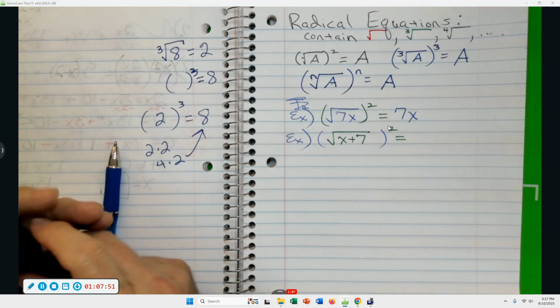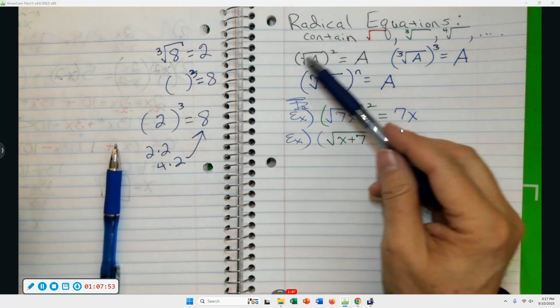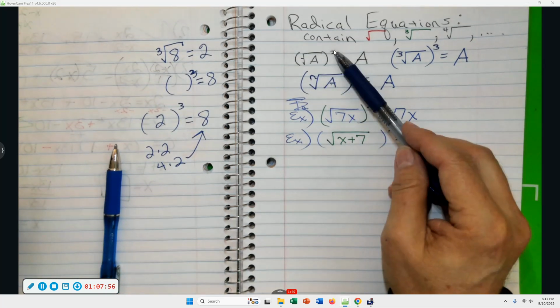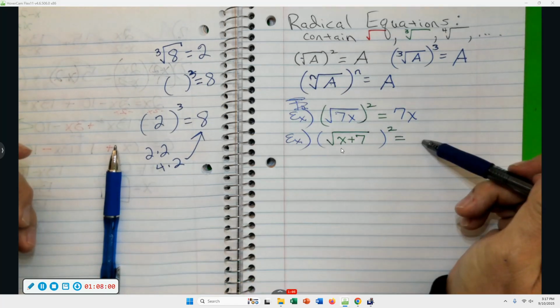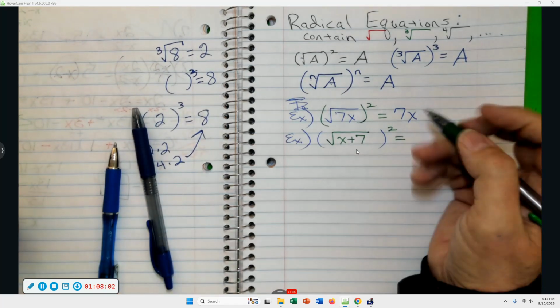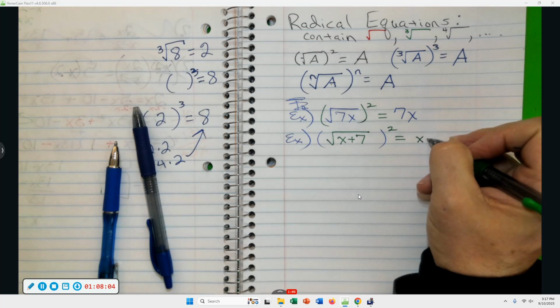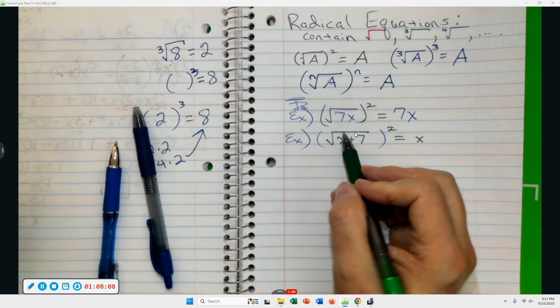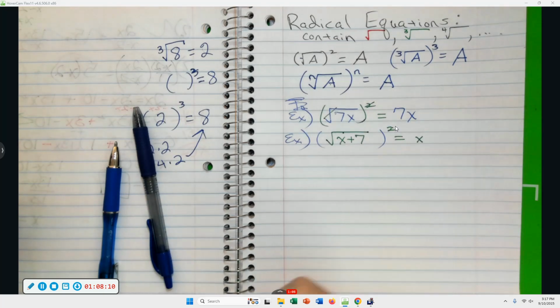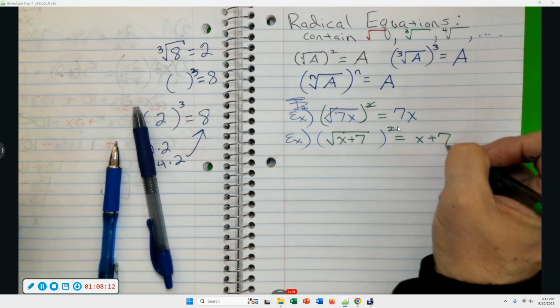What's that going to reduce to? Remember, the square root of anything, when it's squared, leaves us that anything. So what am I going to have here? x plus 7. Not another x plus 7, not a square. That square cancels out the square root, just like there and there. So just x plus 7.